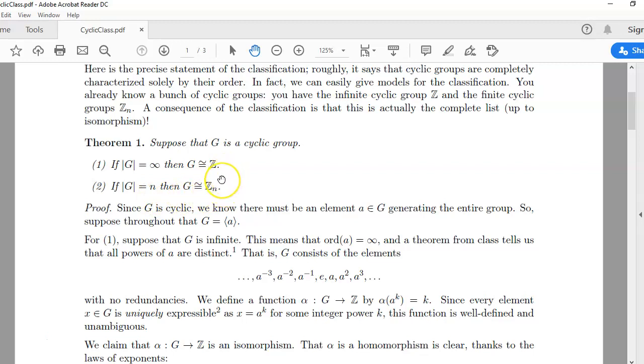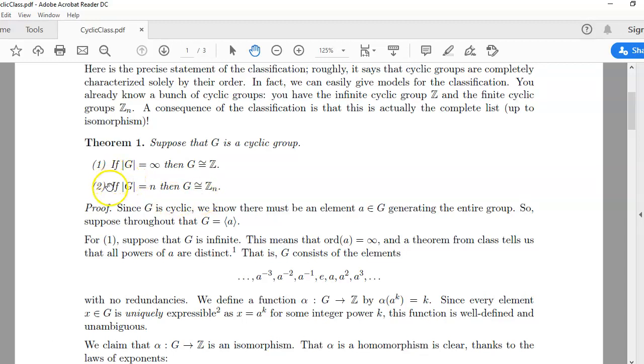And this should prove that given any cyclic group and given its size, there's only one isomorphism type because you know what the answer is, right? If I gave you a cyclic group of order 14, then the verdict is it must be isomorphic to Z mod 14, and there are no other options. So the classification of cyclic groups is that there is a unique cyclic group up to isomorphism type given the group's size. Okay, so let's prove this.